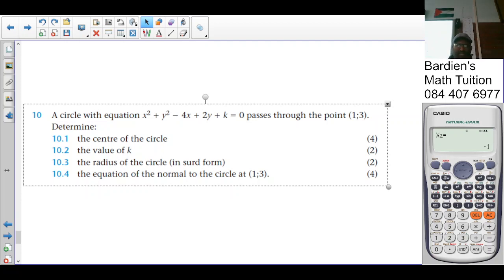Number 15 is very similar to number 9. I'm going to do number 9. I got number 9 already.